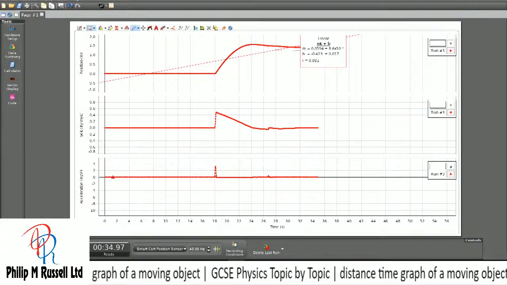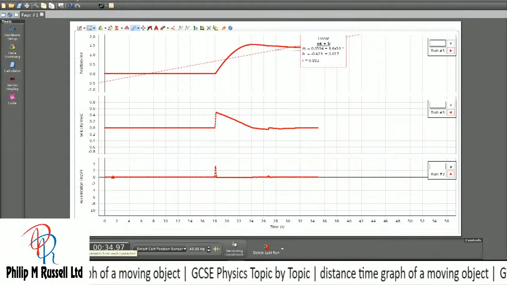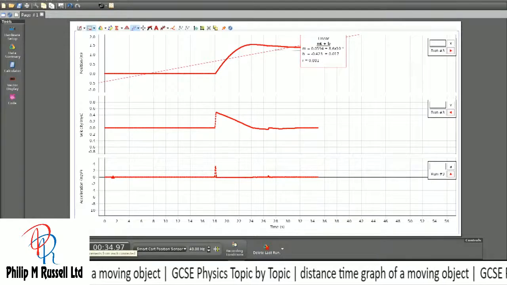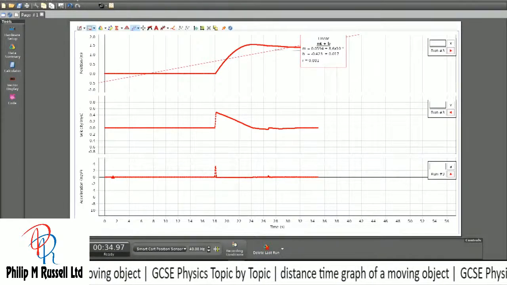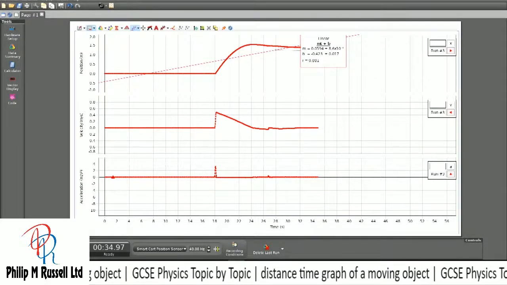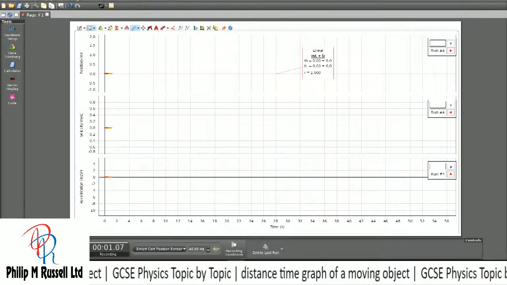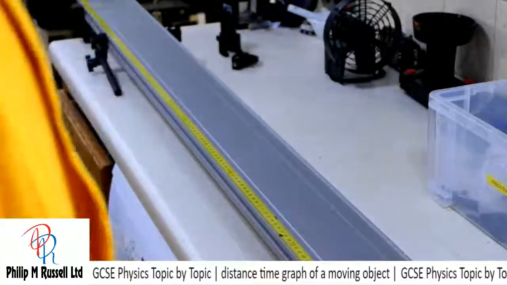Let's give it a harder push. That was too hard, I just pushed it back to get to the other end. So let's try giving it a harder push. So I'll set this to record, and you can watch the cart this time, and I'll give it a push.